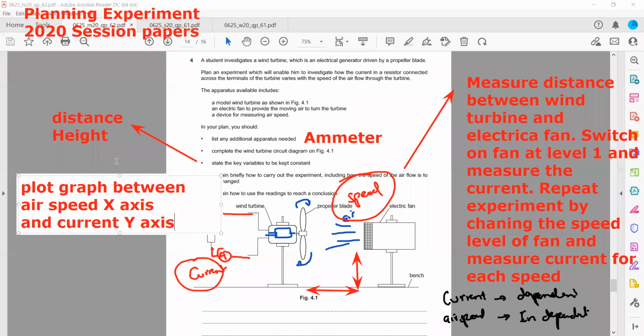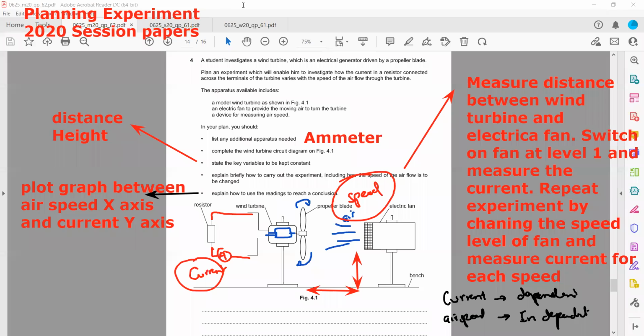Normally when we plot a graph, the independent variable is on the x-axis and the dependent variable is on the y-axis. So here the wind speed, which is in meters per second, and the current will be in amperes.